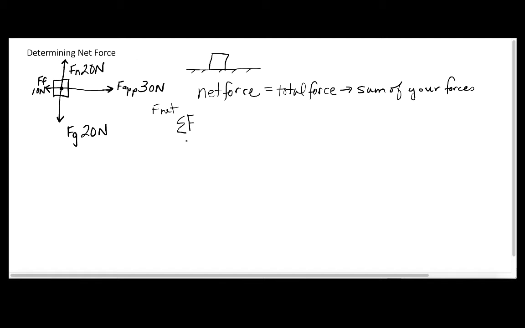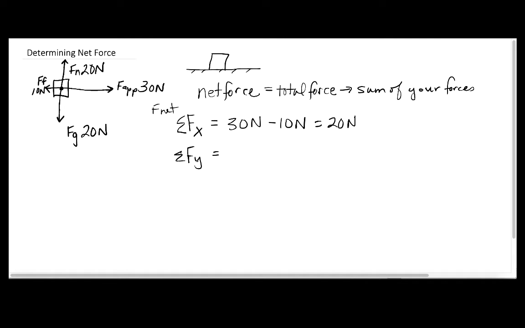So I'm going to sum up the forces that I have in the X direction. In the X direction, I have this 30 and this 10. The 30 is bigger, so we'll call that one positive since it's to the right, which means that this one to the left is negative. So 30 minus 10 is 20 newtons. So in the X direction, we have a force of 20 newtons.